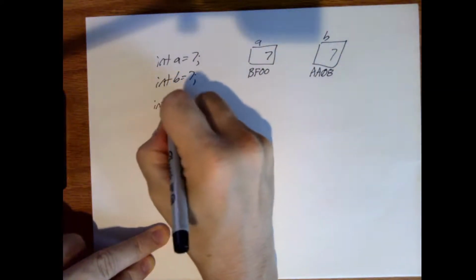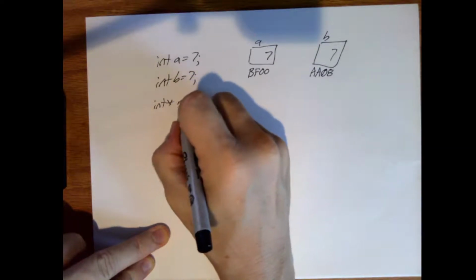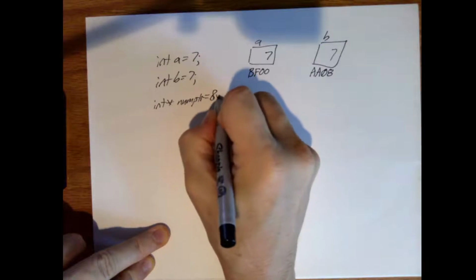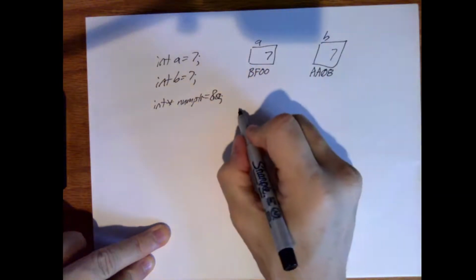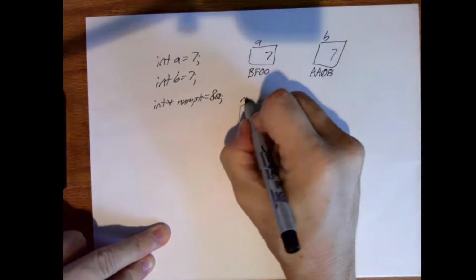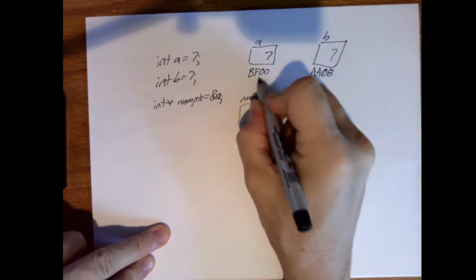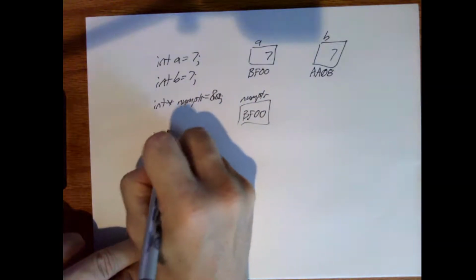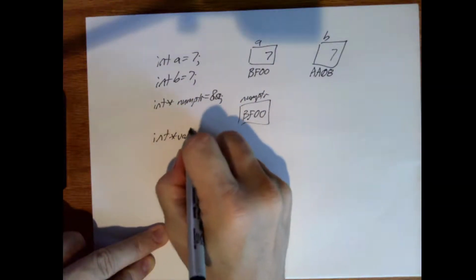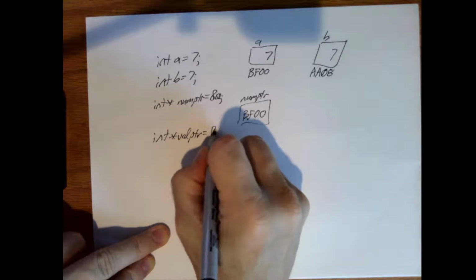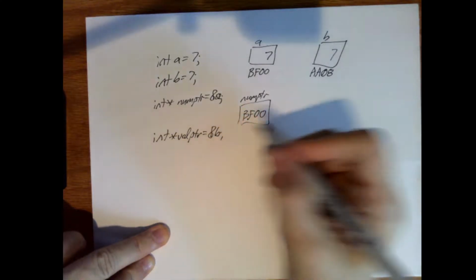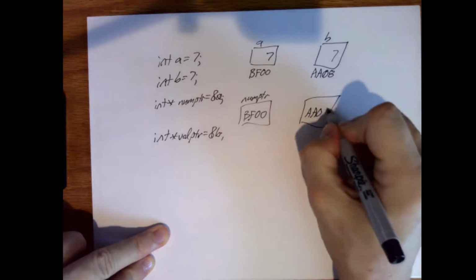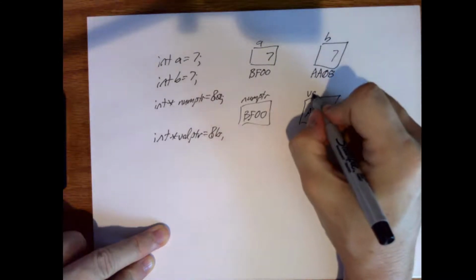When I write int star num pointer, and we'll initialize it to the address of a, this is num pointer, and it stores bf00, and when I write int star val pointer equals ampersand b, it stored AA08, so this is val pointer.